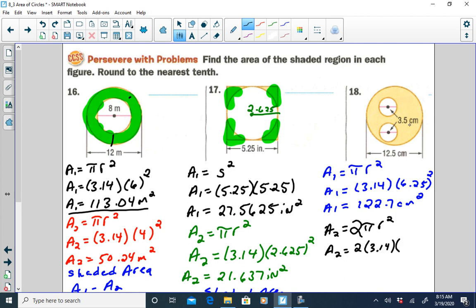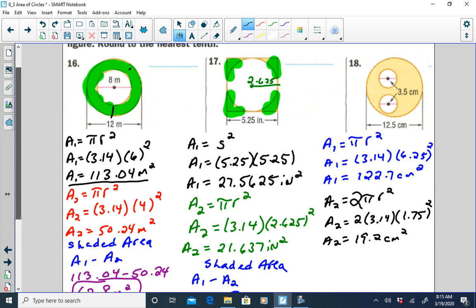Now your radius is going to be half of 3.5 because you're given the diameter of the circle is 3.5, so the radius is going to be half of that. Half of that is 1.75, and we're going to square that. So area 2 is going to be equal to 1.75 times itself times 3.14 times 2, and we wind up with 19.2. Those are square centimeters.